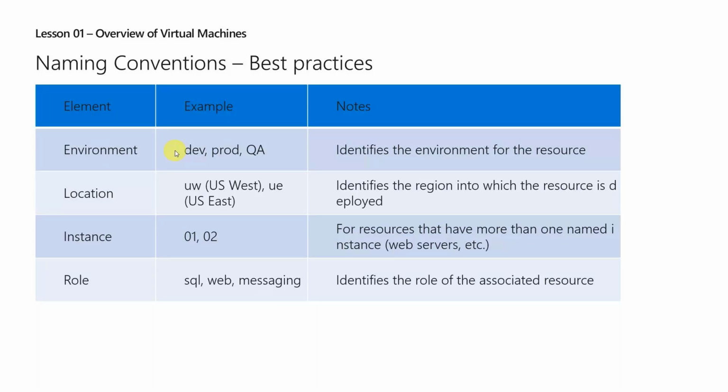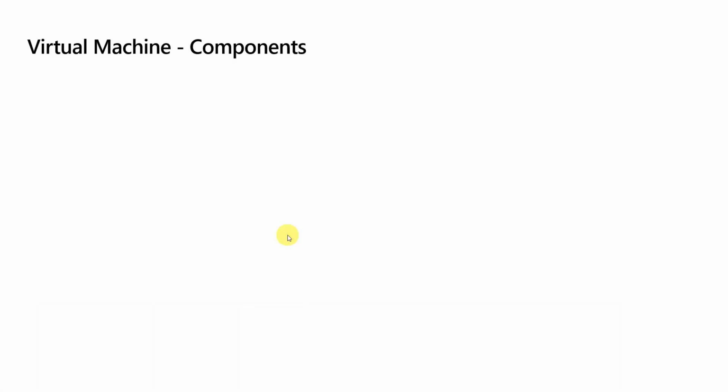Okay. So now let's understand the components of a VM. So before I talk about that, we all use computers, right? What all components does it have? Of course, CPU, RAM, hard disk, what else? Motherboard. Okay.